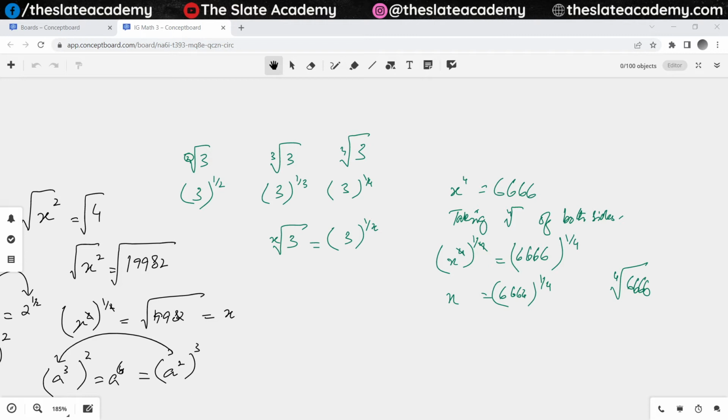You press this fraction button and 1 by 4, that would give you the same answer. So these are all different ways of using your calculator. Whichever way you are more comfortable with, you can use that.